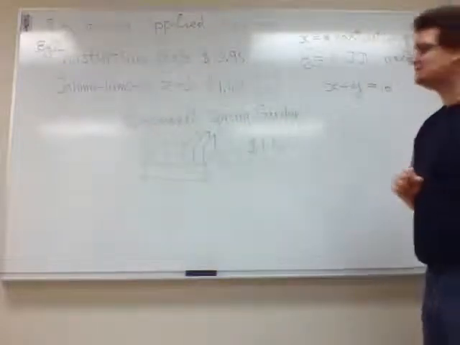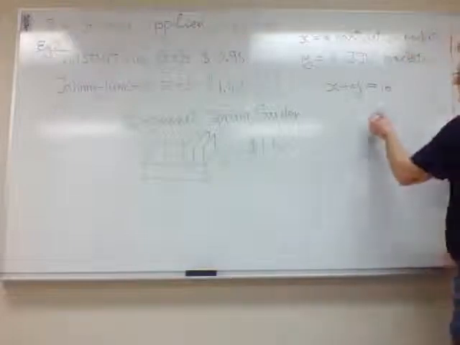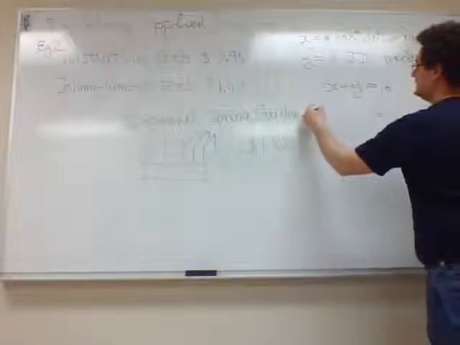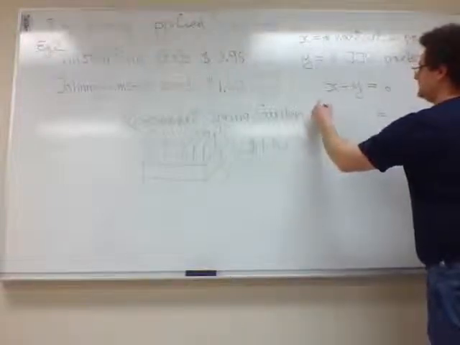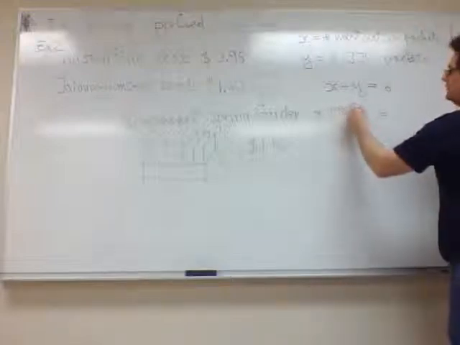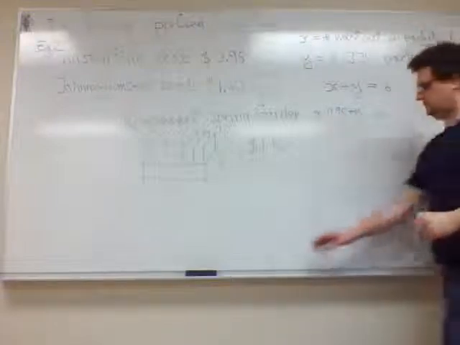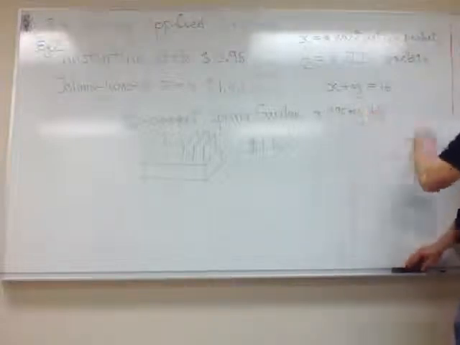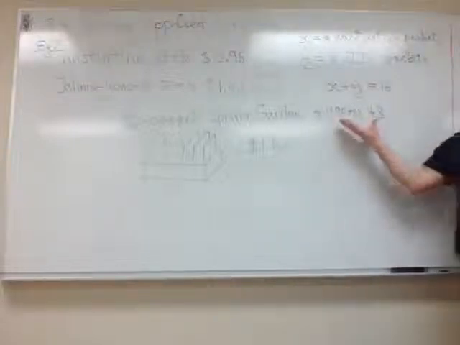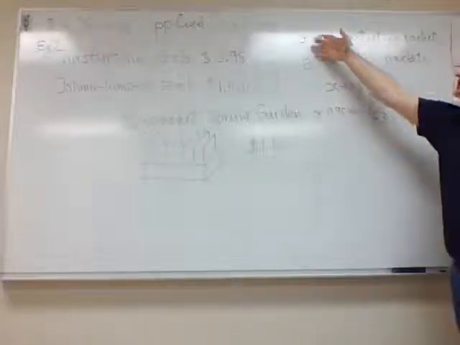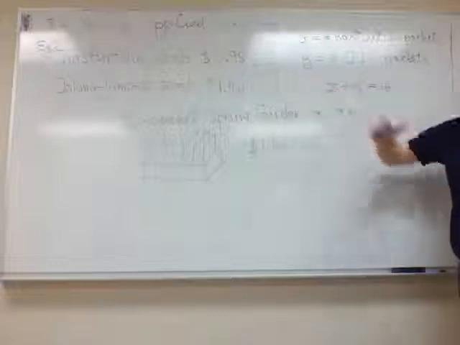All right, so that's the requirement. So on one hand, we have X times 95 cents plus Y times $1.43. That's the total cost of taking X packets of nasturtium and Y packets of Johnny Jump Up.